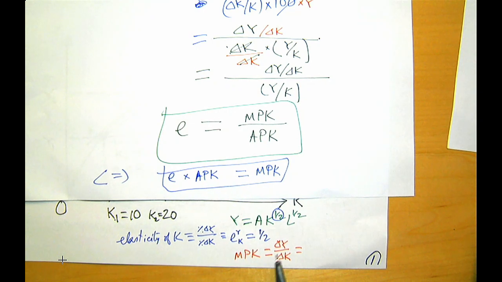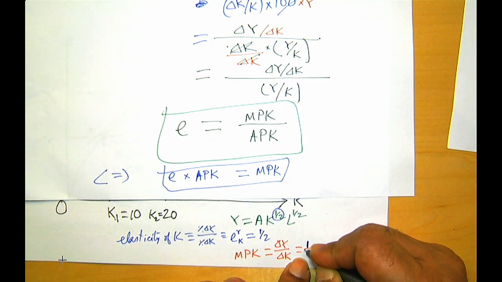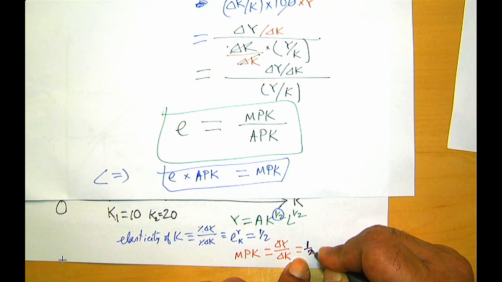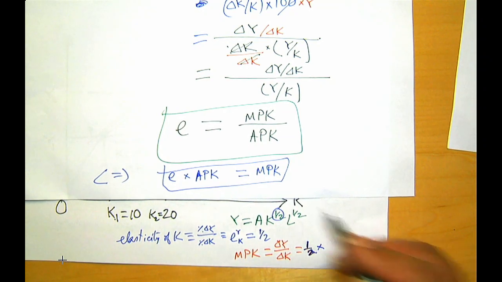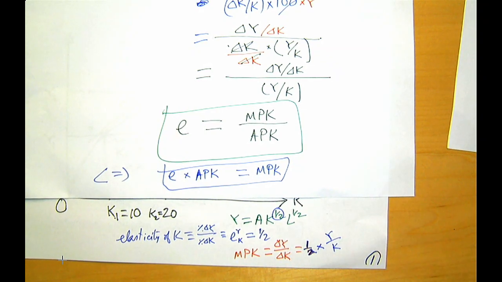If you know calculus, you can differentiate this Y, taking the partial derivative with respect to K, or use this formula. So MPK is equal to E, which is half, times APK. What is APK? Y over K. So half of Y over K, right?